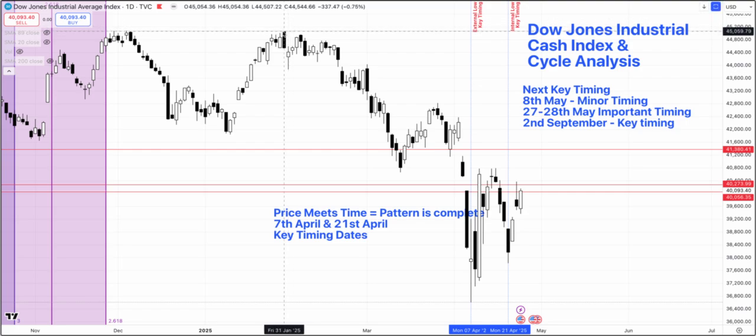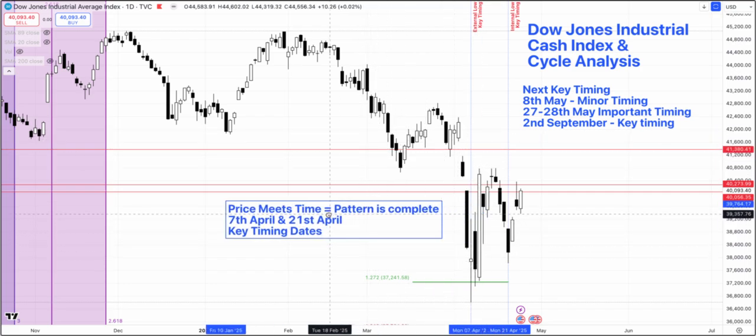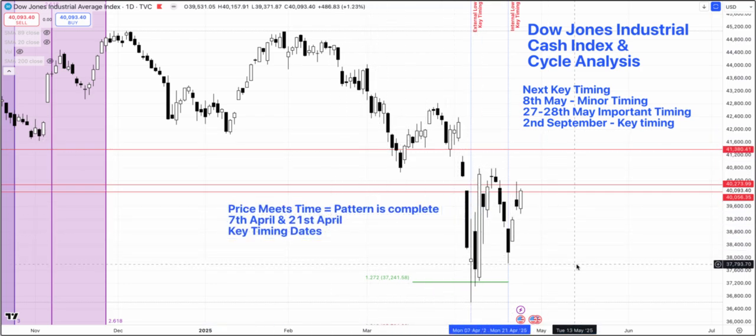So take this tool and we project it from here. There we go. So it was the 1.272 projection times the projection of the AB leg right here, and with the key timing coming in, whenever price meets time, we have a completed pattern. So it was a completed pattern right here.